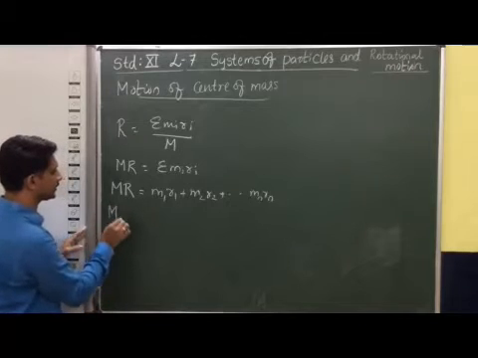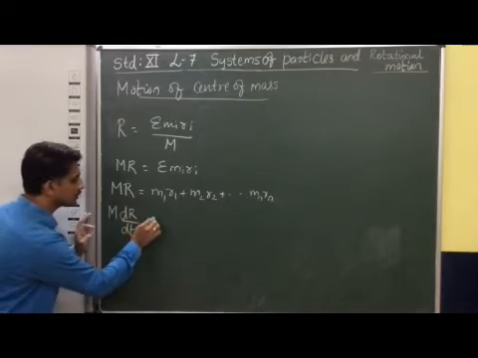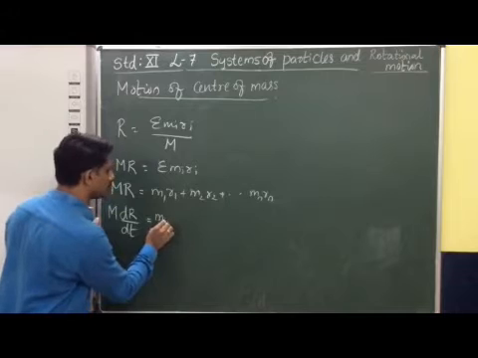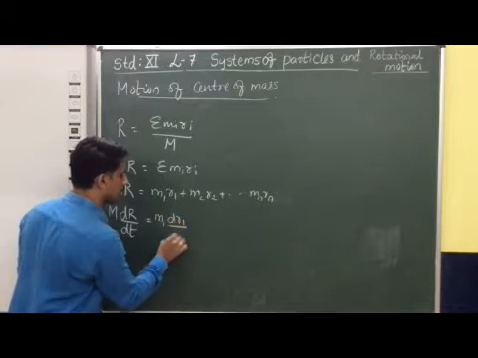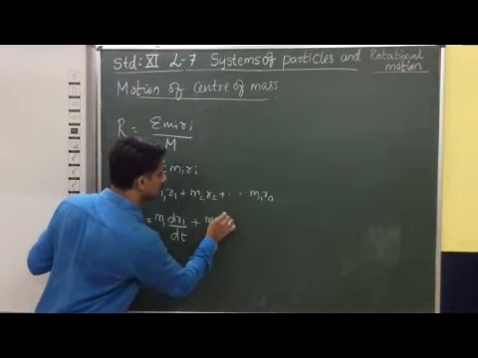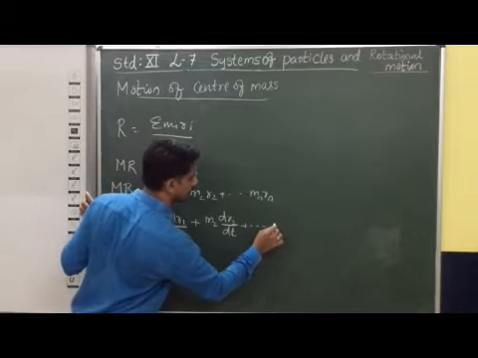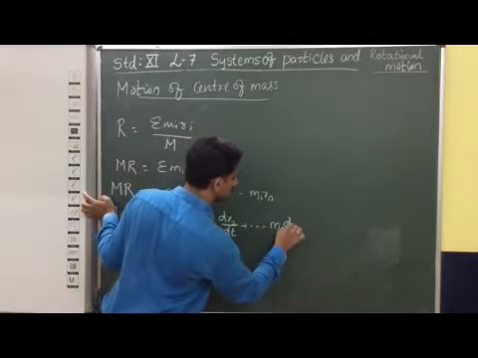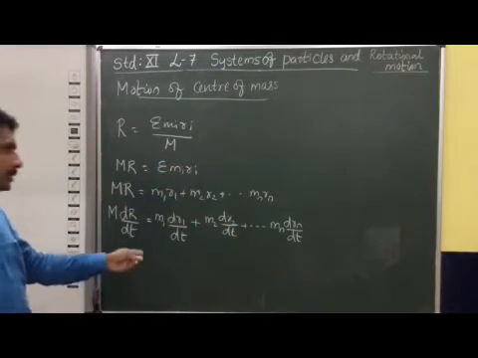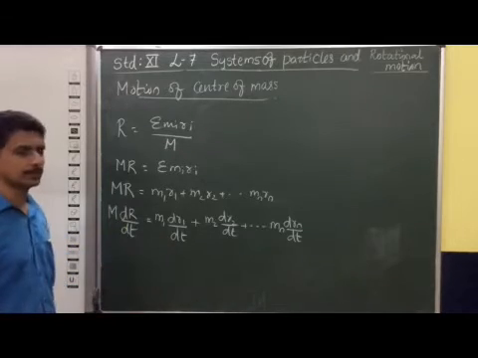When we differentiate this equation with respect to time, you can see that we get M into dR by dt, and on the other side m1 into dr1 by dt plus m2 into dr2 by dt plus etc., up to mn into drn by dt. This way we are differentiating this equation with respect to time, and we get our equation like this.